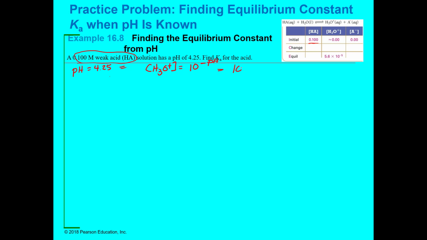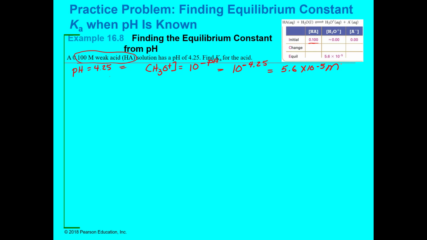So that means 10 to the negative 4.25. And when I put that in my calculator the correct way, at equilibrium, that's telling me it's 5.6 times 10 to the minus 5 molar. Because it said a weak acid solution has a pH of 4.25. Find Ka for the acid.